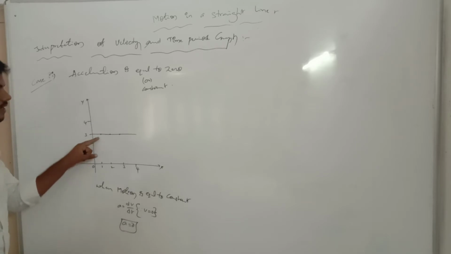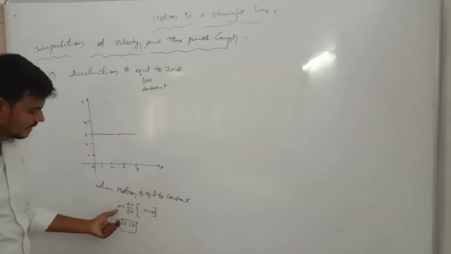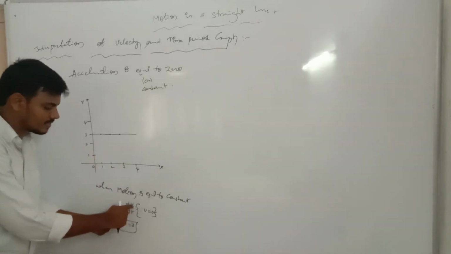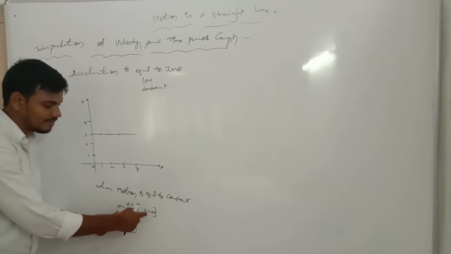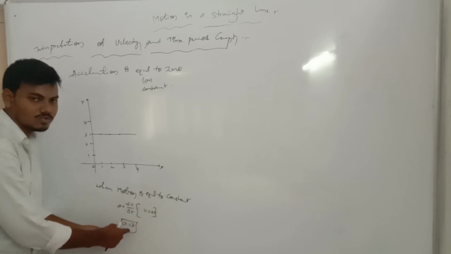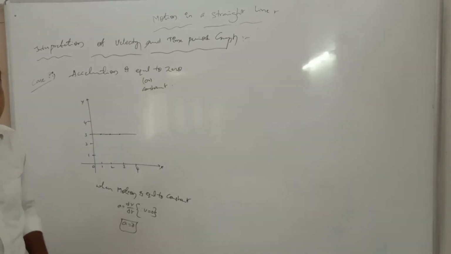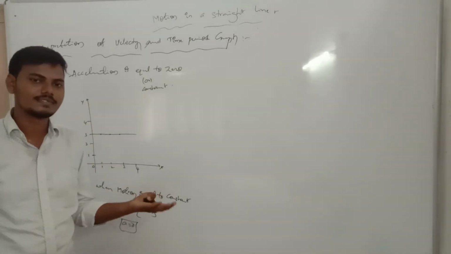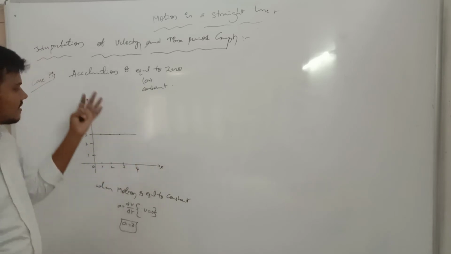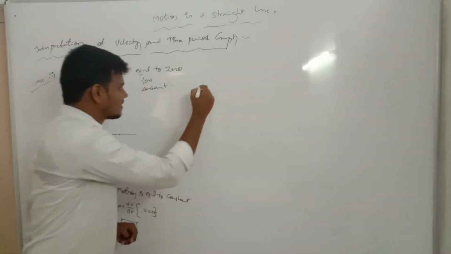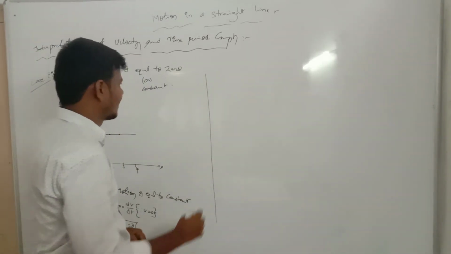This is the constant. The rate of change of velocity is known as acceleration. This is the representation of acceleration equal to 0. Velocity will be going to 0, acceleration also will be going to 0. This is the first one. Now the second graph we are applying. Okay, right?